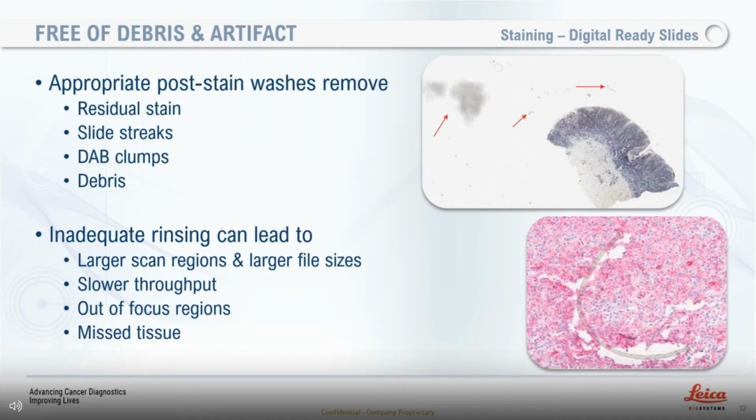And it can also lead to missed tissue. If you had a situation where you've got a big clump of dark debris and then you've got some faintly stained tissue, it may recognize the debris as the tissue and scan that instead of the sample of interest. And all of this can lead to numerous problems, as we've discussed.